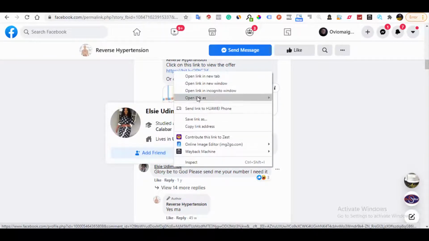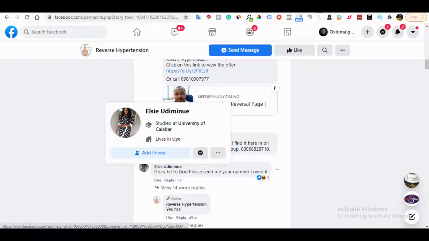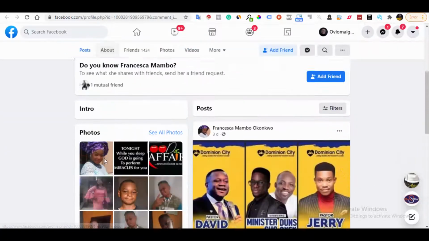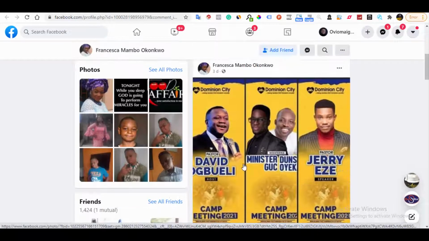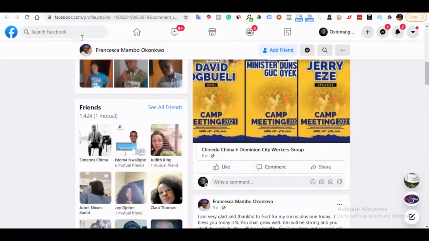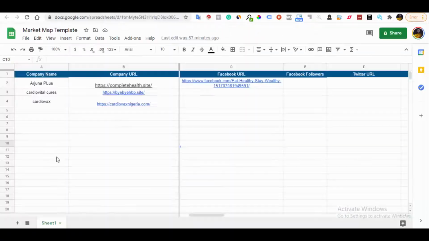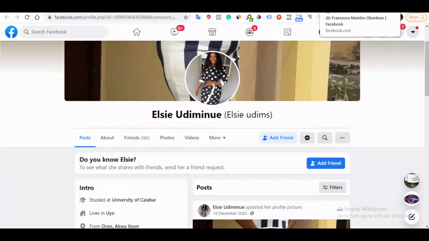So these are people you want to look at. You want to research into them, what they like. Once we move into the empathy map and creating the customer avatar, this information is going to be really very, very helpful. So what you want to do is always populate this market map, so that when you get into the empathy map and start fleshing it out, it will be easier for you to really know who your target audience is.